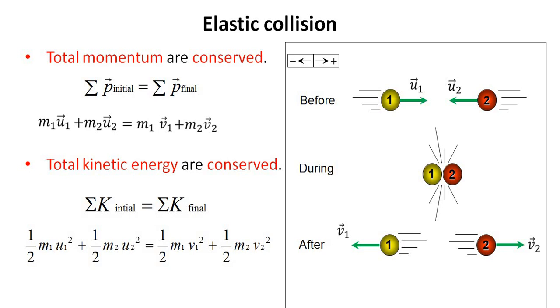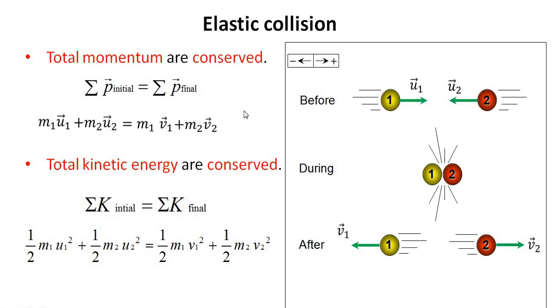After the collision, both balls bounce off away from each other with their own velocity. Ball 1 moves to the left with final velocity v1, while ball 2 moves to the right with velocity v2. This is what we call an elastic collision.